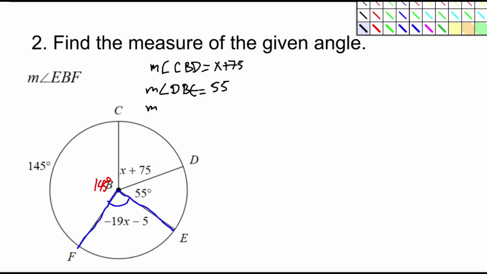The measure of the one I'm looking for, EBF, is negative 19x minus 5. Oh, this is going to get messy. And the measure of angle CBF is equal to 145. Okay, so there's my 4 angles.